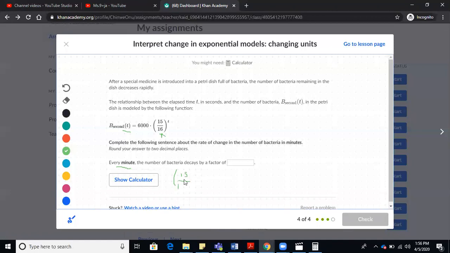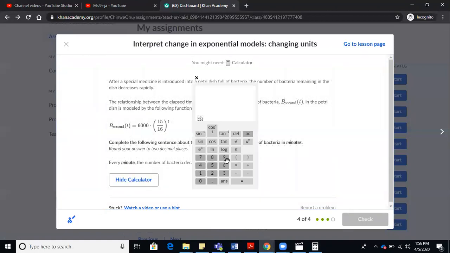So I'm going to do 15/16 raised to the 60th power and find out what that is for my factor. So that's what I'm going to put here. 15 divided by 16. And I'm going to raise that to the 60th.